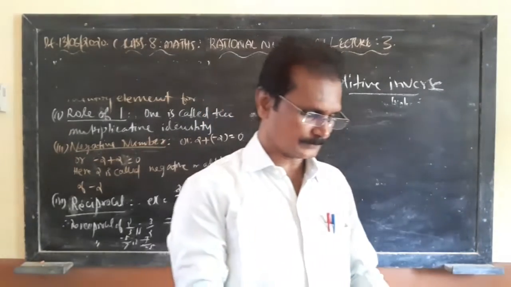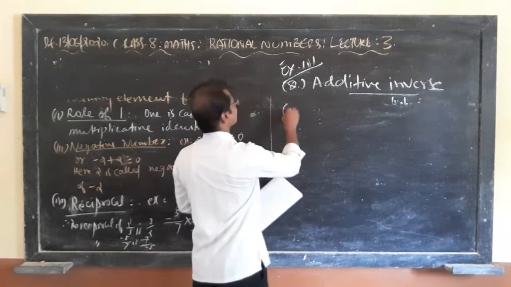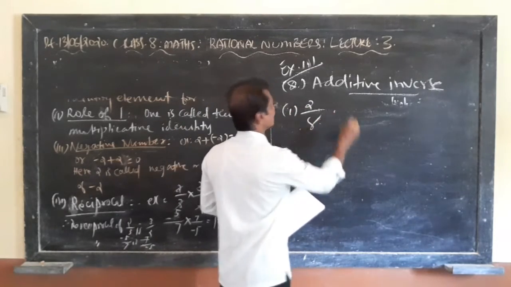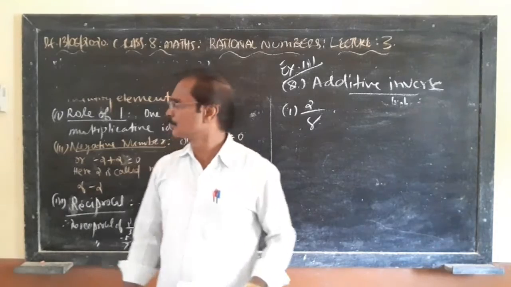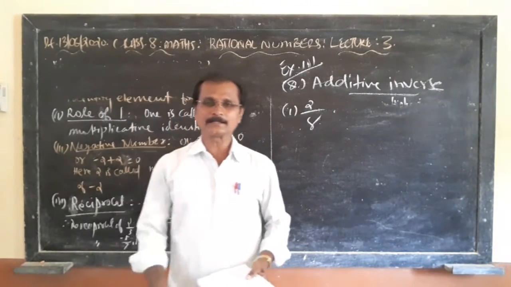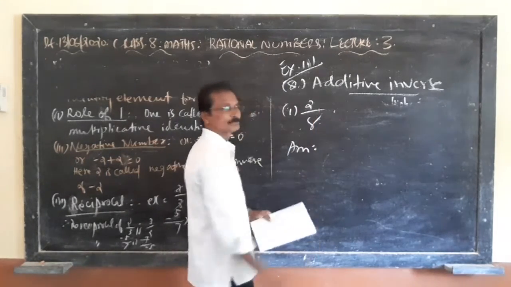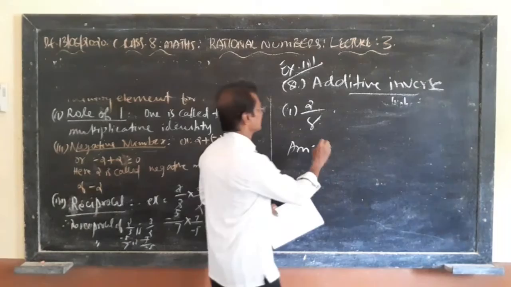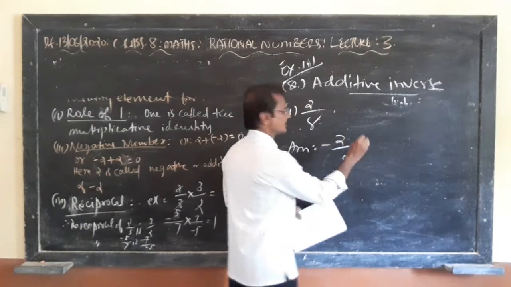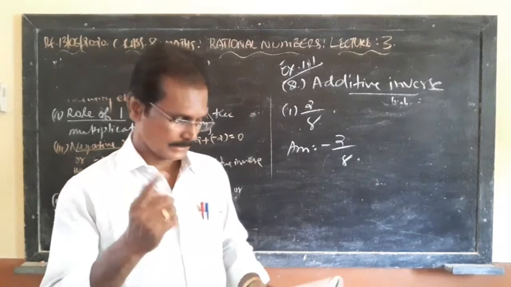The first one is 2 upon 8. What is the additive inverse of 2 upon 8? The additive inverse of 2 upon 8 is minus 2 upon 8. Okay.